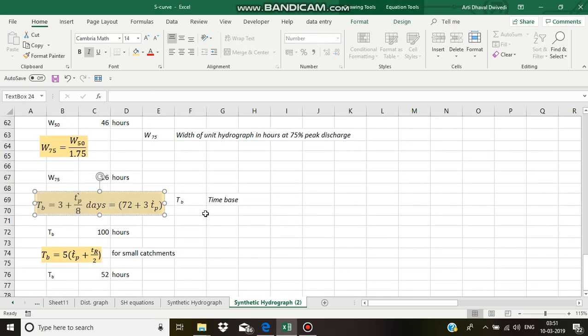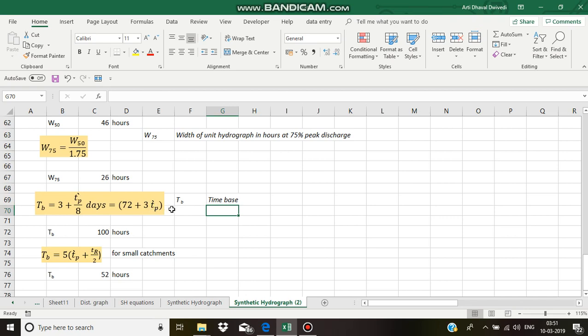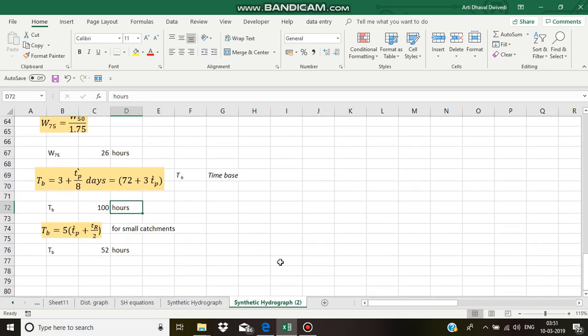72 plus 3 T dash P, and the base time obtained using this equation is 100 hours. Now for smaller catchments, this equation is more reliable.